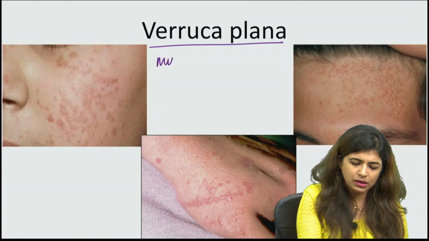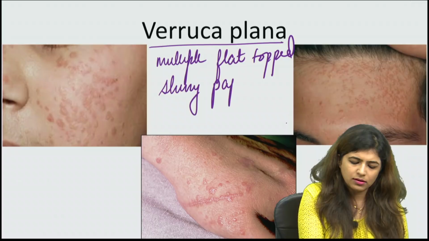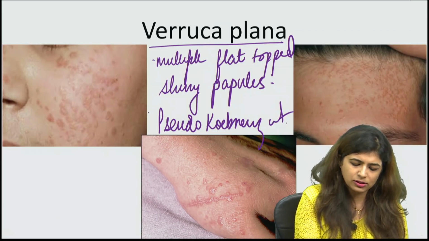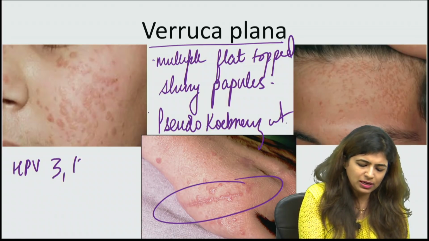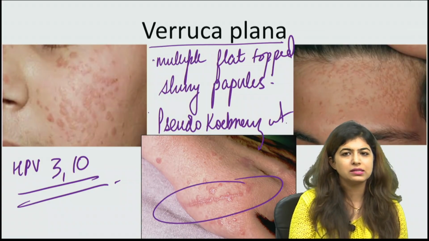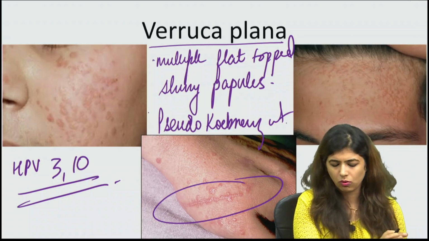These are multiple flat topped shiny papules, may show features of pseudo-koebnerization, as you see in the image here, caused by HPV 3 and 10. So this is what you need to know about verruca plana. Doesn't at all look like what the image in the question was.